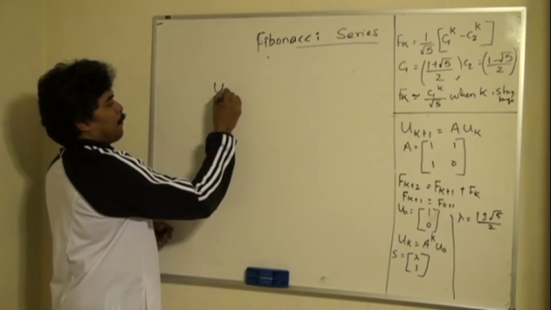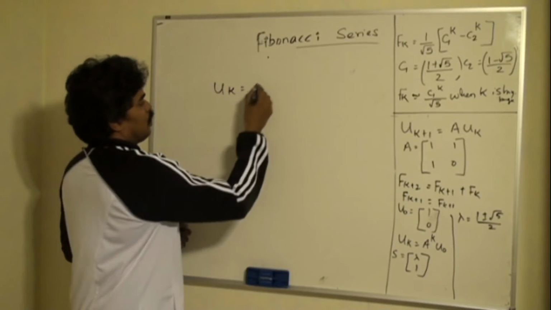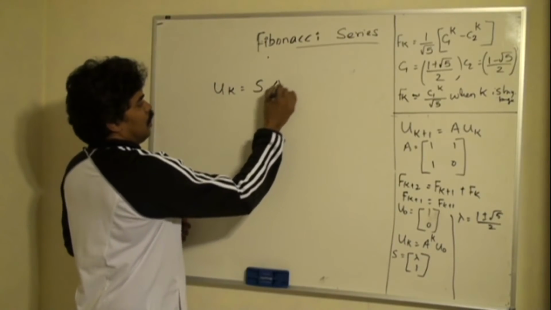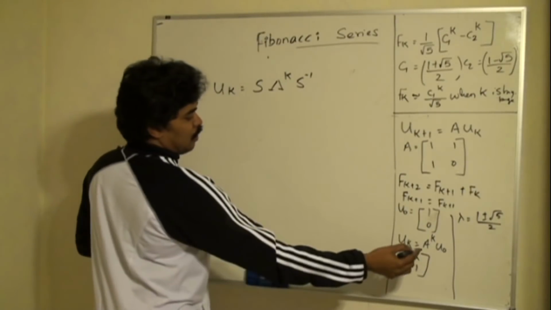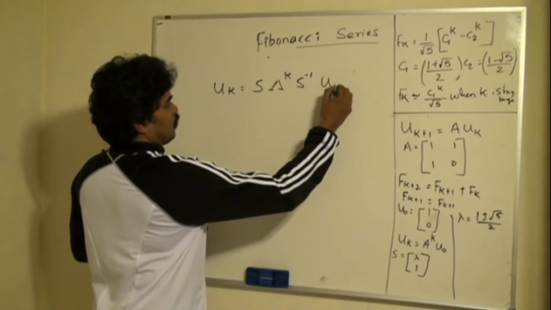So u_k is equal to S lambda to the power k S inverse, then u naught, right?